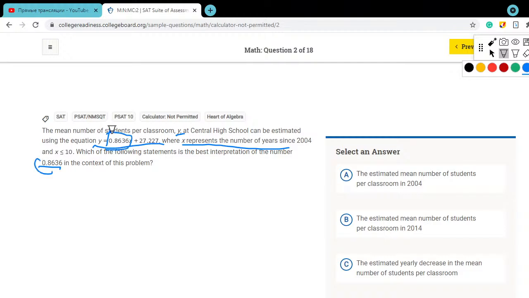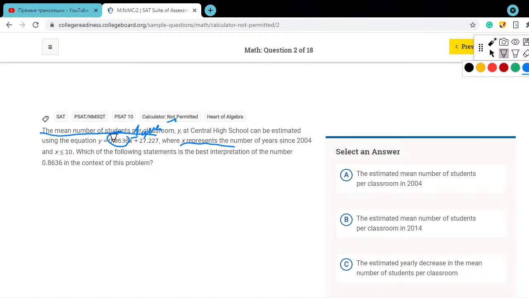It's a slope. What the slope shows us is, when we have one unit change here, what change we have here in y. So here our x is years, so 1 year change will affect this much change in the mean number of students per classroom.